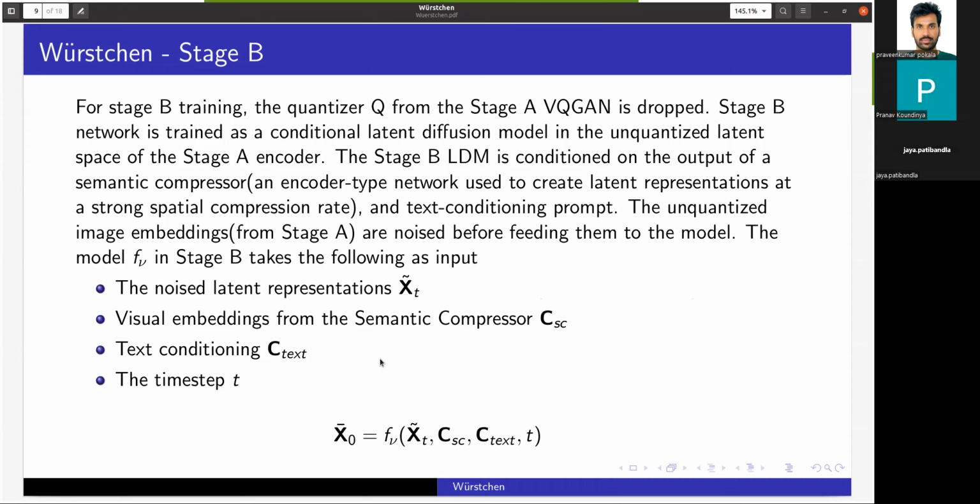In stage B, the latent diffusion model, the main objective is to learn the latent representation that must be projected or decoded by the VQGAN. This network is trained as a conditional latent diffusion model in the unquantized latent space of the stage A encoder.